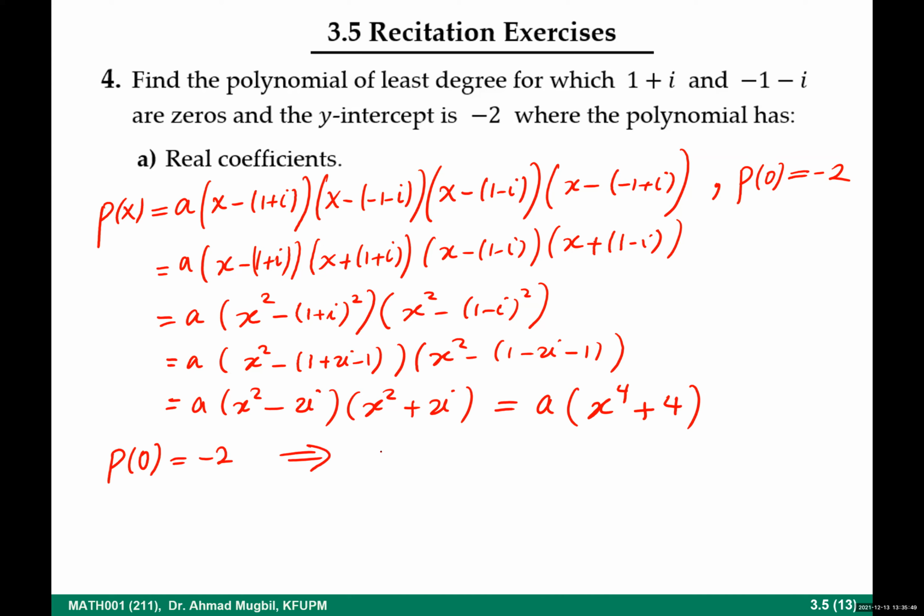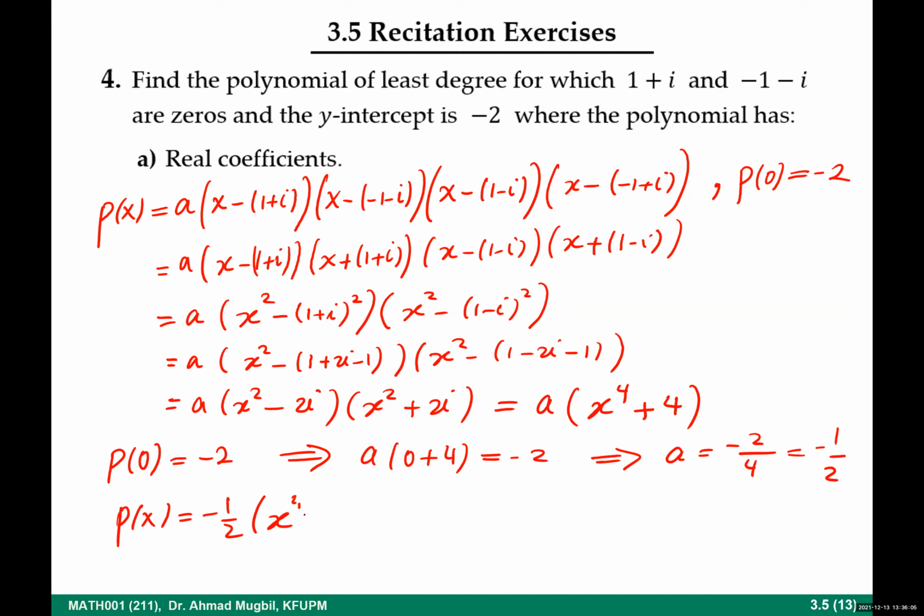This implies that a times 0 plus 4 equals negative 2, which leads to a equals negative 2 over 4, which is negative 1/2. So our polynomial is negative 1/2 multiplied by x to the power 4 plus 4, with real coefficients. It is a polynomial of degree 4 with real coefficients.